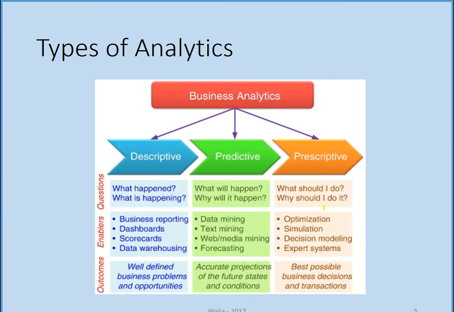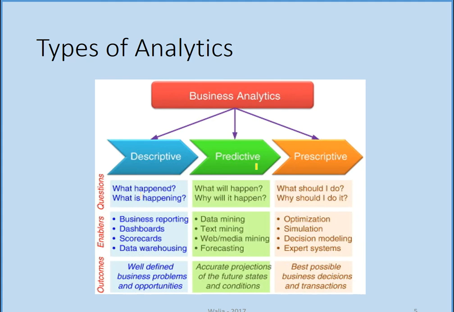Okay. Now let's get into business analytics. Business analytics is divided into three parts depending on its purpose. First is your descriptive analytics, which is your starting point when you do an analytics project: what happened, what is happening.